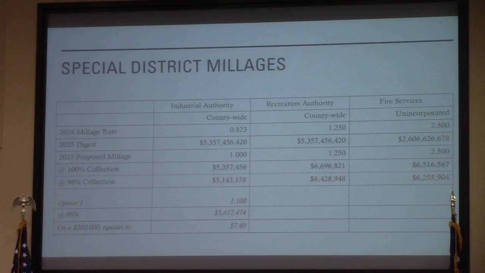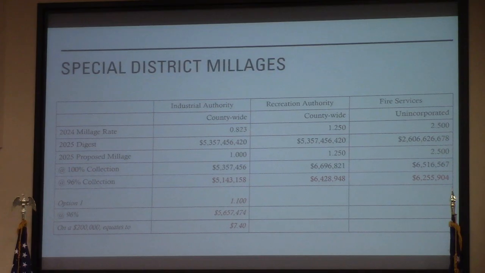Your special districts, this is your industrial authority, recreation authority, and fire services. Your industrial and recreation are done on a county-wide basis, so they apply to that $5.3 billion digest. Last year, you reduced your industrial millage to 0.823.